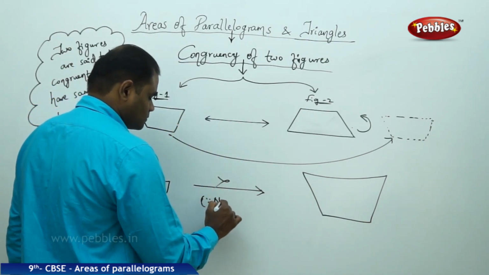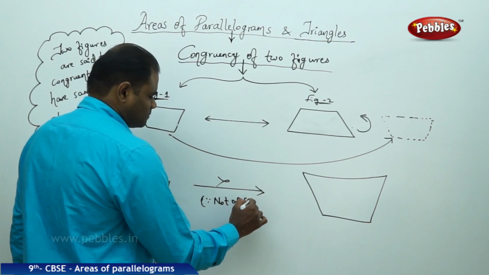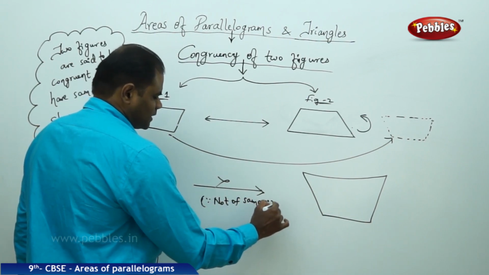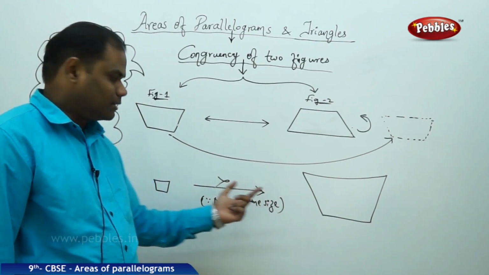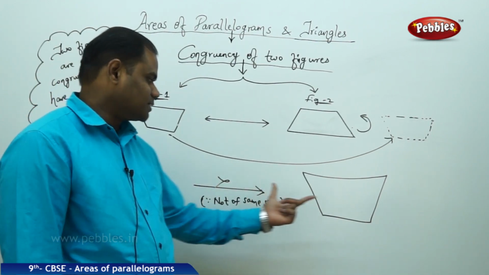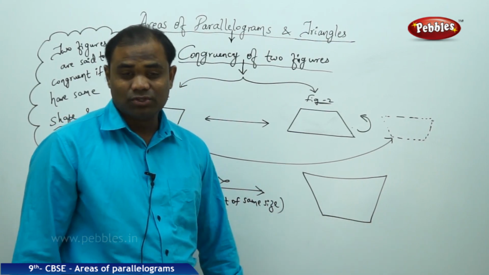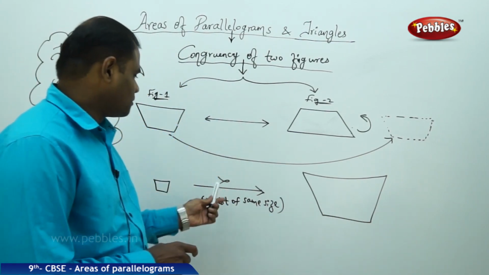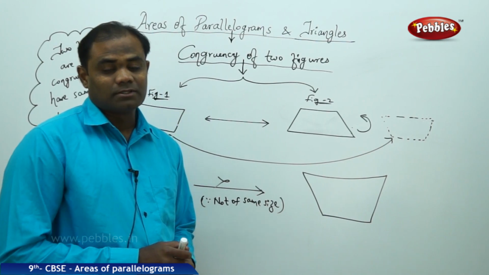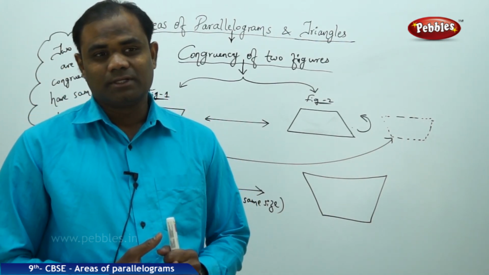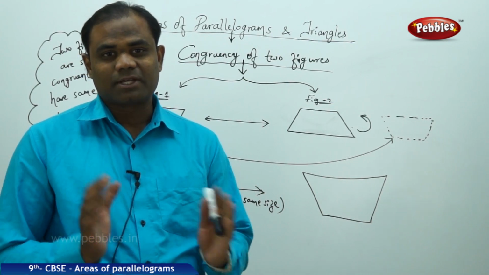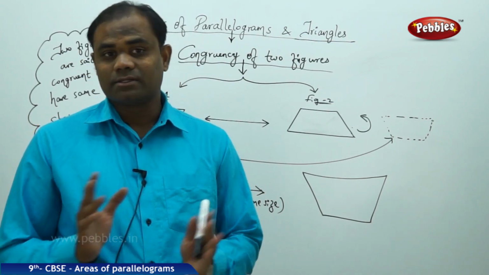Since they are not of same size, therefore, this being of smaller size and this being of bigger size, though they are of same shape, cannot be congruent. Is how we understand the congruency of two figures connected with same size and equally same shape.